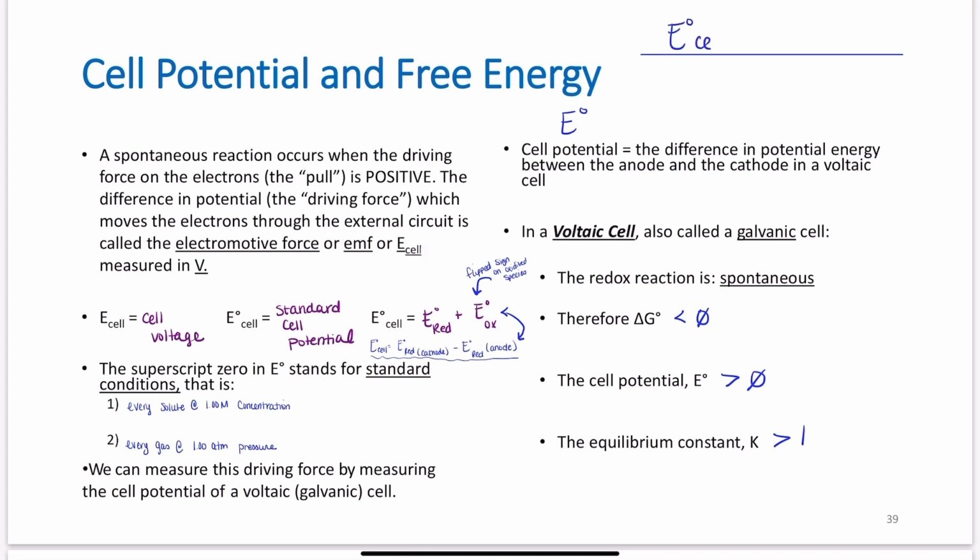So E-naught of my cell versus delta G-naught versus K: plus, minus, and greater than 1. And that is for voltaic cells. We're going to find something different when we start talking about electrolytic cells in a different module.